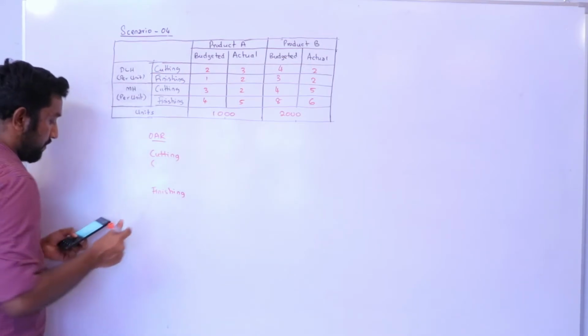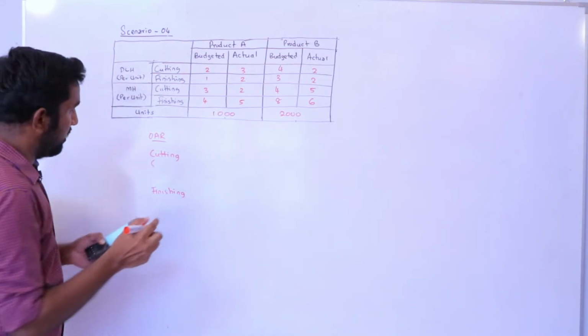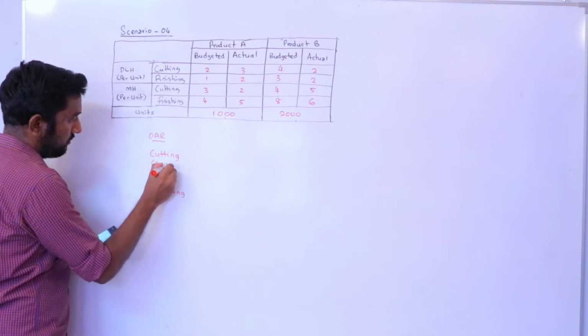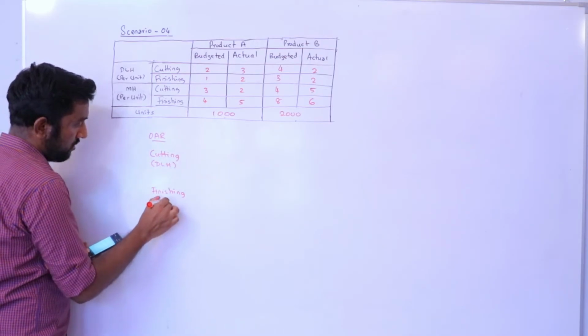The cutting department is based on what? Direct labor hours, and the finishing department is based on machine hours.